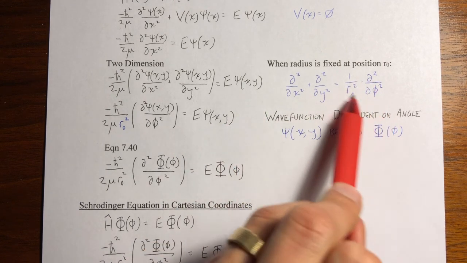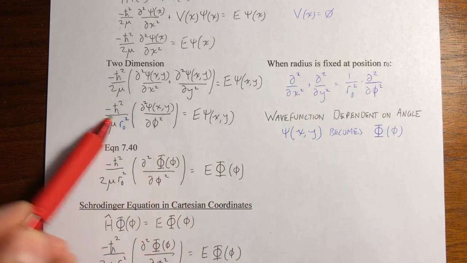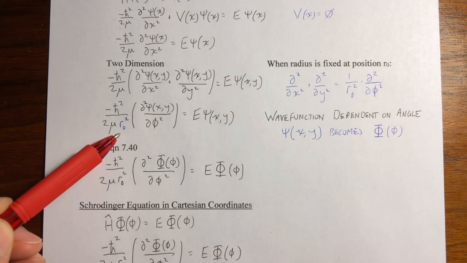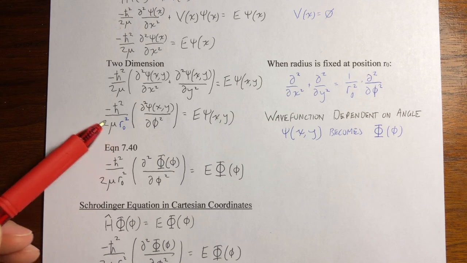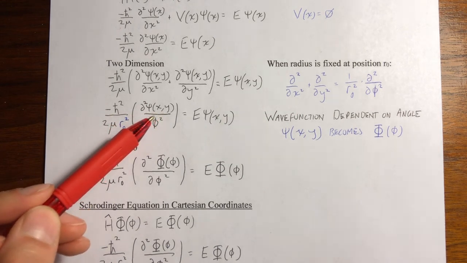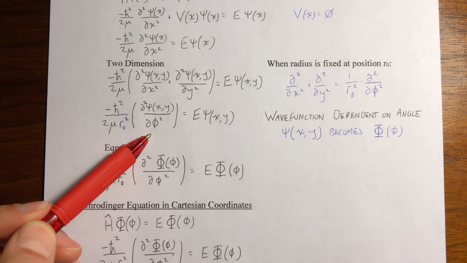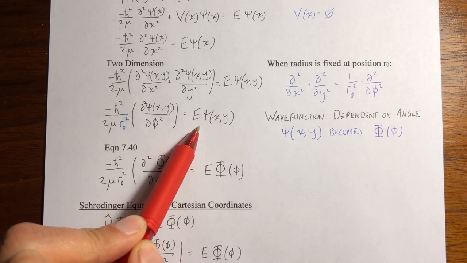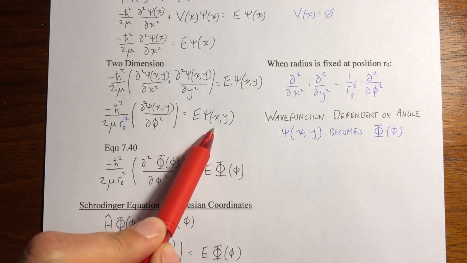Now, if we make this substitution, what we're left with is negative h bar squared over 2 times mu times r squared times the second derivative of psi of x and y with respect to phi, our angle. And that is equal to E, our energy eigenvalue, times psi of x and y, our eigenfunction.